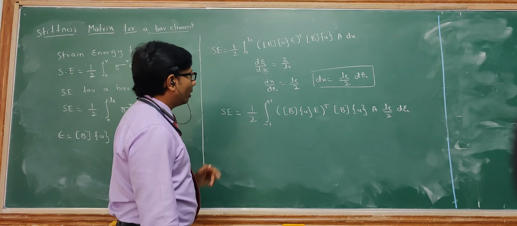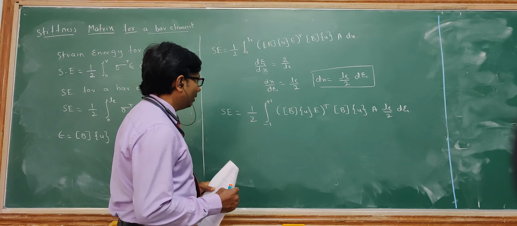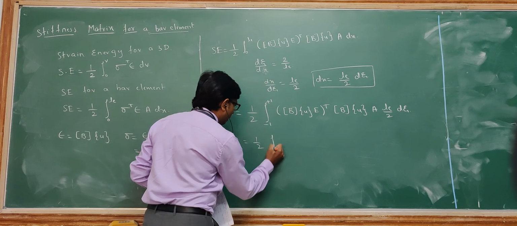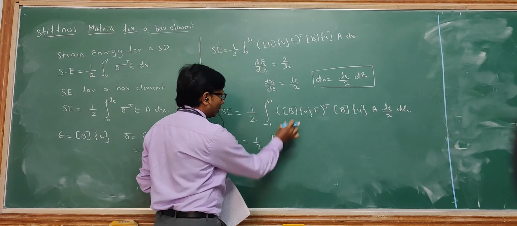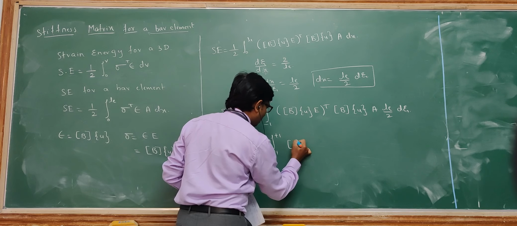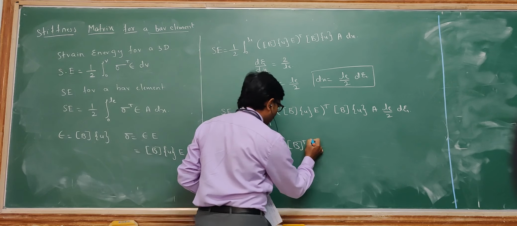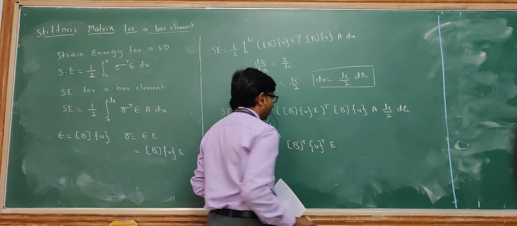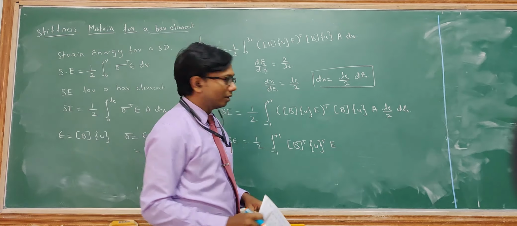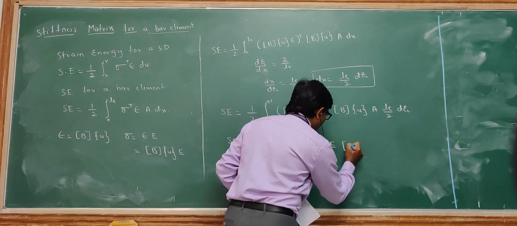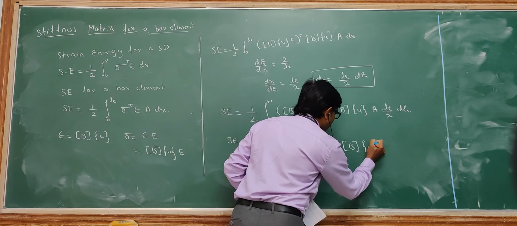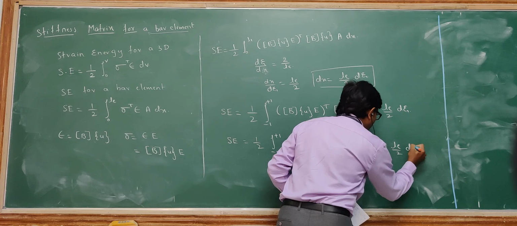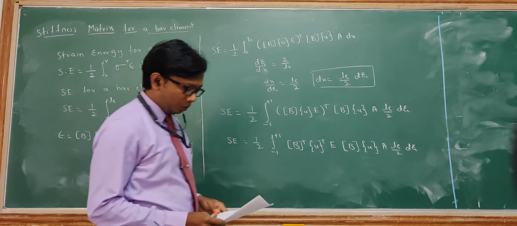Now we will segregate the terms. Strain energy is equal to half integration -1 to +1. I expand this: it becomes V transpose into U transpose, and this becomes only E because it is a constant parameter. Then it becomes V, and A LE by 2 into d zeta.